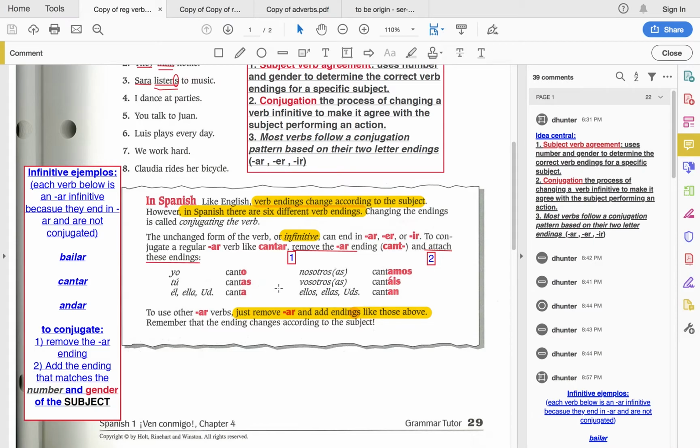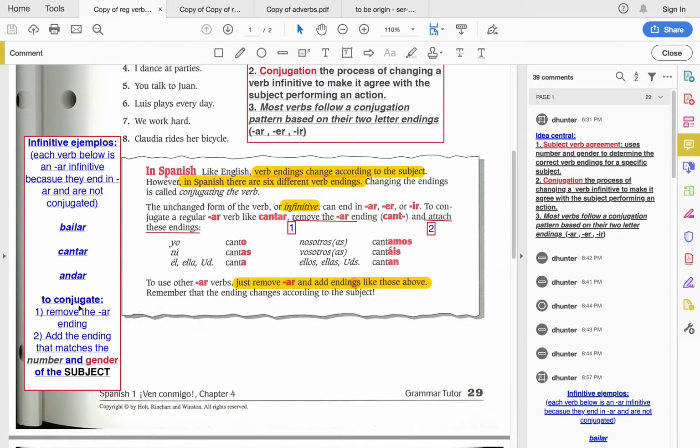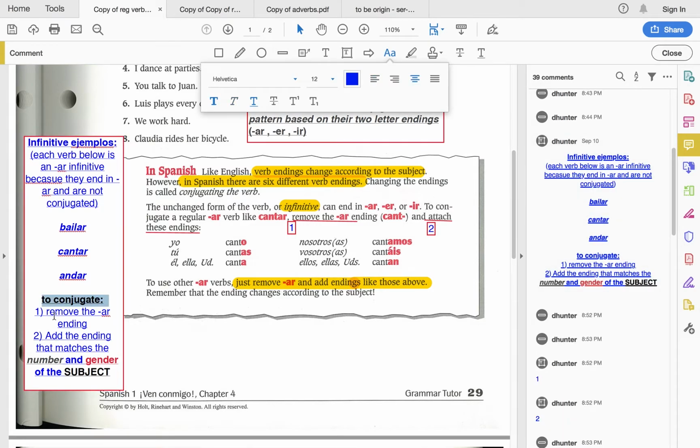We can see that this is set up in our normal verb chart setup with our singular pronouns here and our plural pronouns here. Again, the process for conjugation is, as it says here and as you should write here in your notes, remove the AR ending, add the ending that matches the number and gender of the subject.